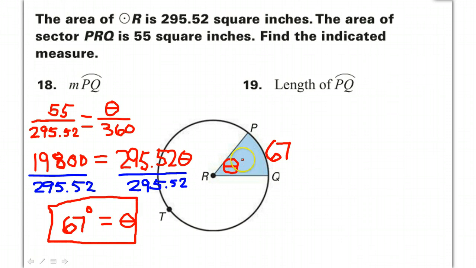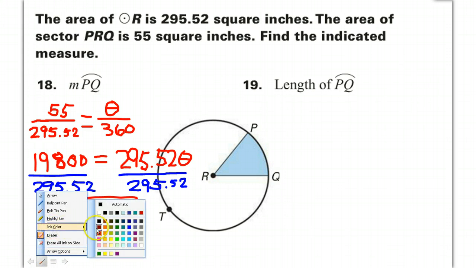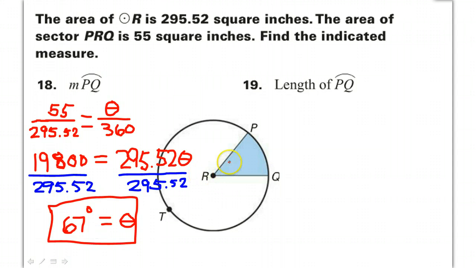Now we are supposed to find the length of arc PQ. All right, and now that we know this is 67, let me just move this so it's easier. Okay, so now we know that this angle is 67 degrees.